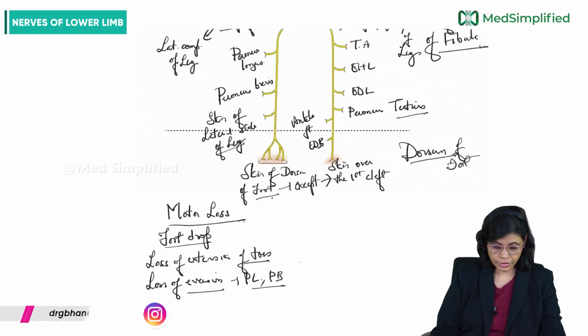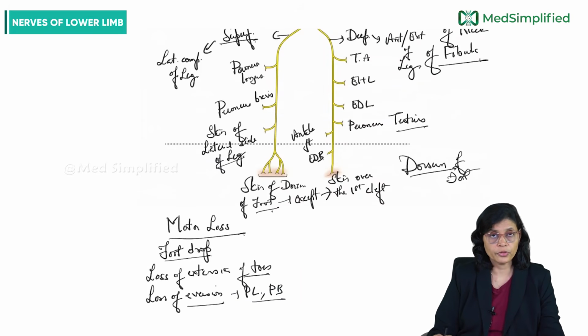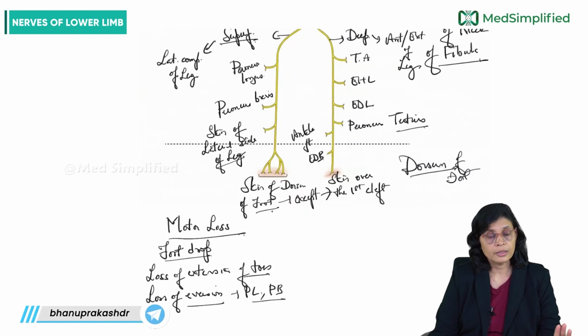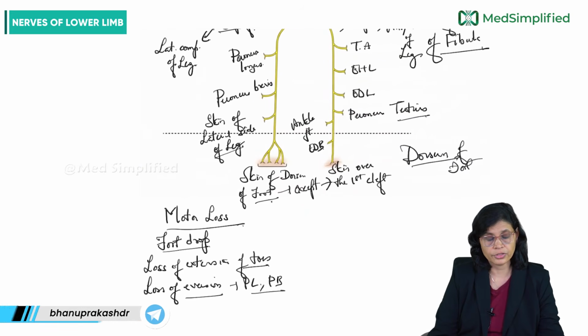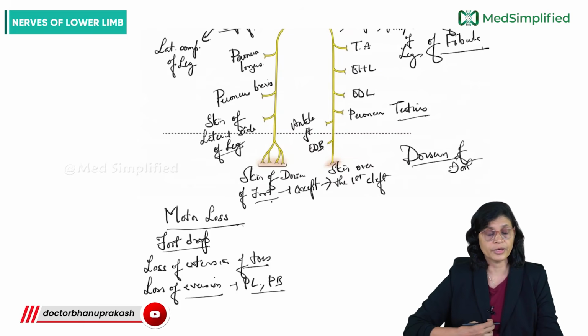So this is the motor loss. We see foot drop because of the paralysis of the dorsiflexors. Then loss of extension of the toes because of the paralysis of the extensors of the toes, mainly the extensor digitorum longus and extensor hallucis longus. Then we also see the loss of eversion, which involves peroneus longus and peroneus brevis. This is when the common peroneal nerve is injured.